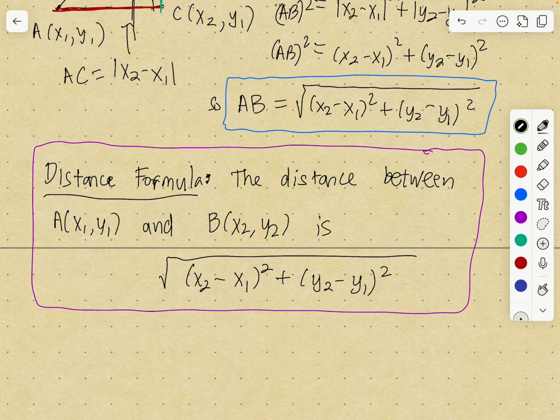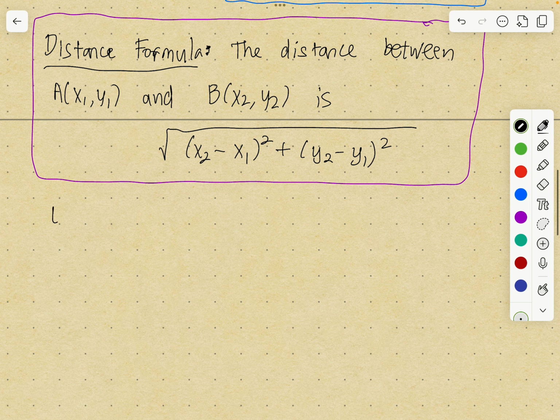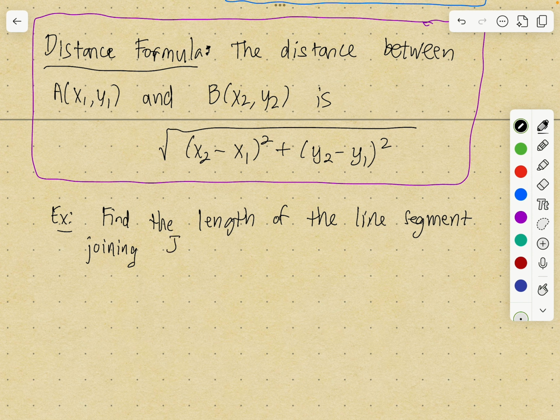So let's do a quick example. Find the length of the line segment joining J, which is negative 4, 3, and K, which is 2, negative 1.